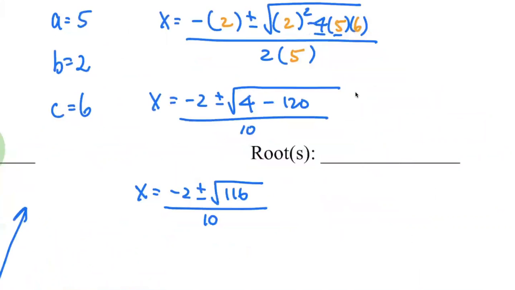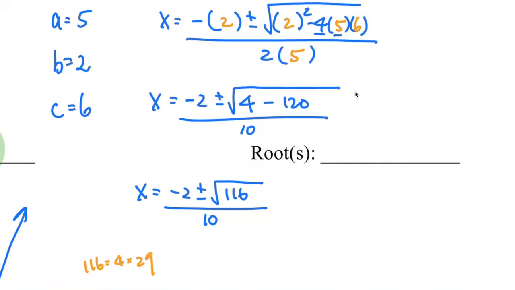And then I think it's divisible by 4. Yeah, so 4 times 29, it's 116, all right? So let me put a little note on the side. So 116 is equal to 4 times 29. Sorry, not 39, 29.